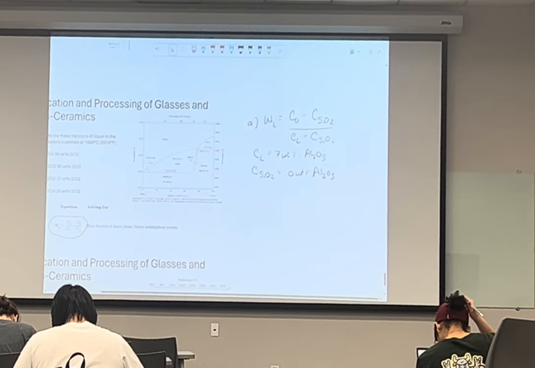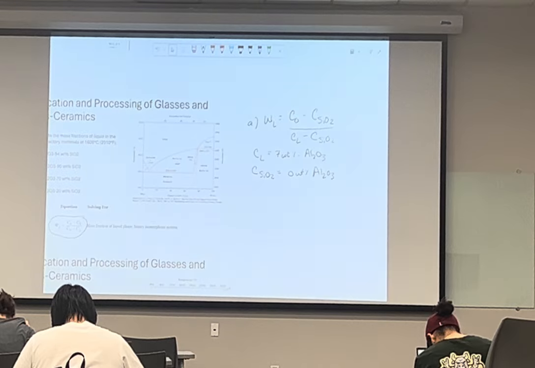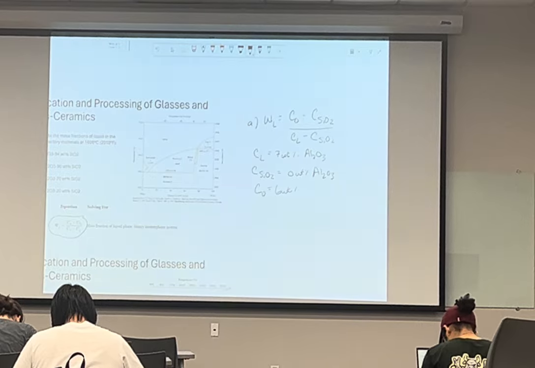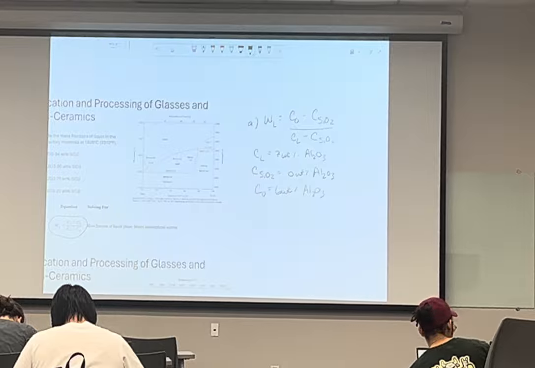And then, the composition of the original phase is going to be about 6 weight percent based on the figure. That's it, 2.3.